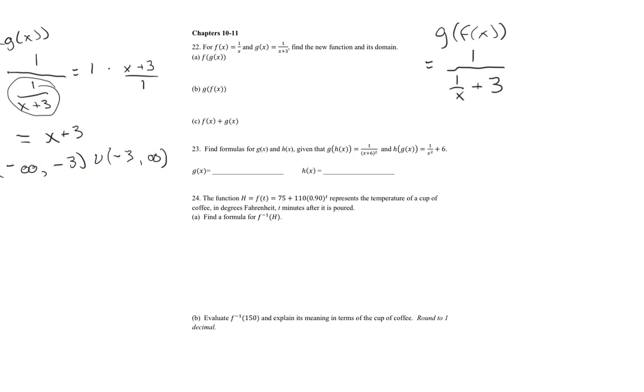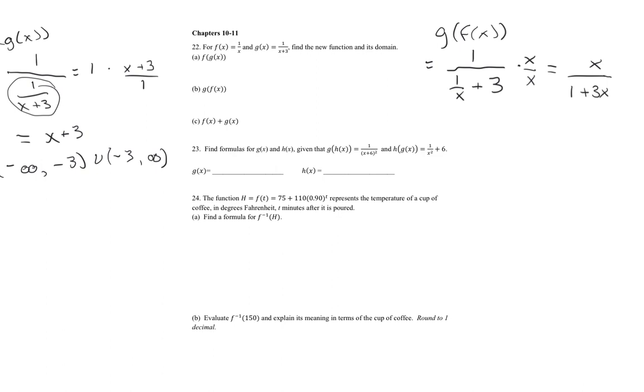So to simplify this down a little bit, I'm going to multiply this fraction by x over x, which is the same thing as 1, so it's not actually changing the value. And so we're going to look at this, and it's going to transform it into x over 1 plus 3x. Okay? So this is our function.